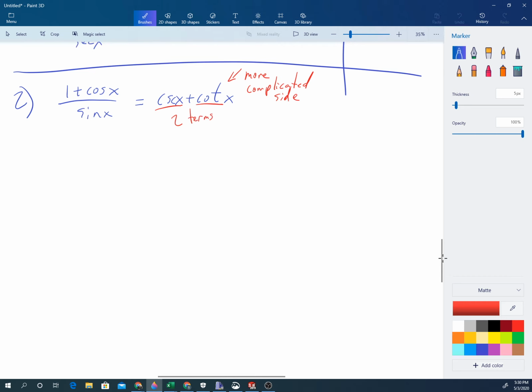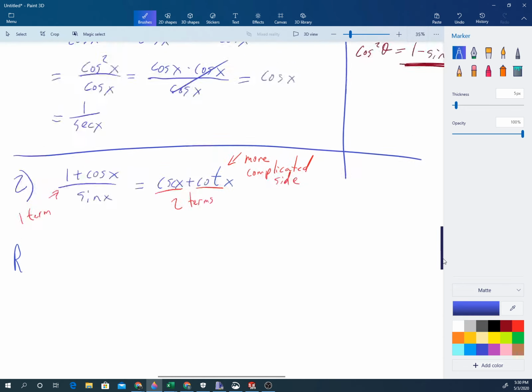Here, technically they're all in the same fraction, so technically I would consider it one term. And having that extra term, to me, that's the thing that I want to play with. Even though the fraction on the left seems a little bit more complicated, to me the right side is the more complicated.